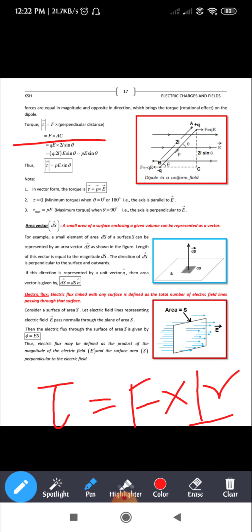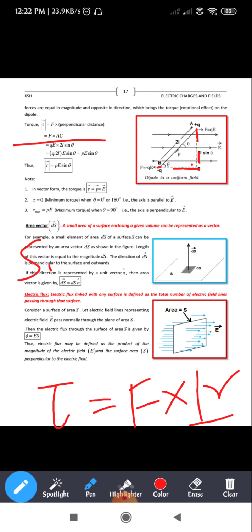So see here in the figure we are going to draw a dotted line. This is the angle theta. You can see in the figure there is angle theta. So we are going to take the sine value for this triangle, that is ABC. Consider a triangle ABC.